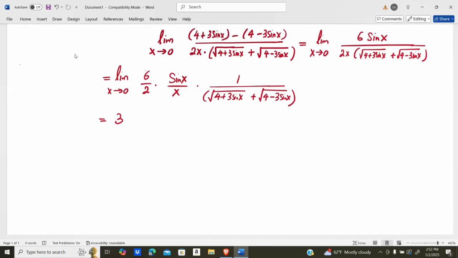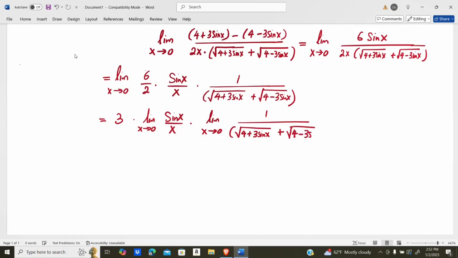And then I'm going to distribute the limit to the other two terms: limit as x goes to 0 of sine x over x, and also limit as x goes to 0 of 1 over square root 4 plus 3 sine x plus square root 4 minus 3 sine x.